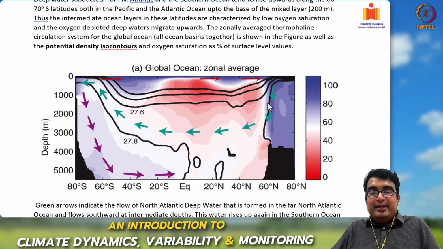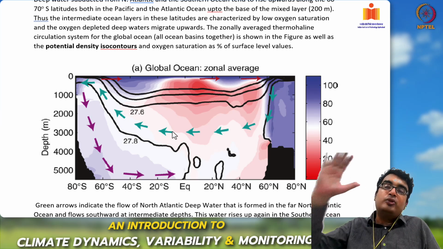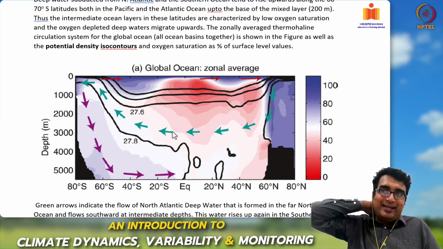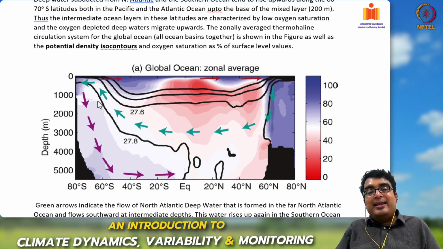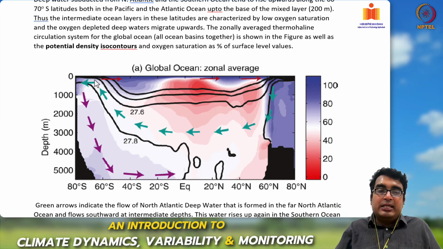What you are seeing here, however, is that in the North Atlantic specifically, you have a significant downwelling of the surface level waters that are moving from the North Atlantic southwards, spreading through the deep layers of both the Atlantic and the Pacific Oceans, and are then rising up at 60 to 70 degrees south latitudes. Then this water that has risen up has two movements.